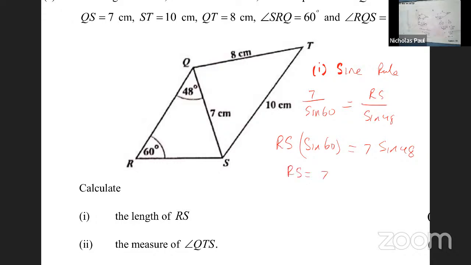So RS is equal to 7 sine 48 over sine 60. How much is that? 6.01.